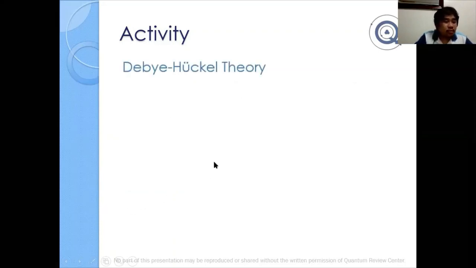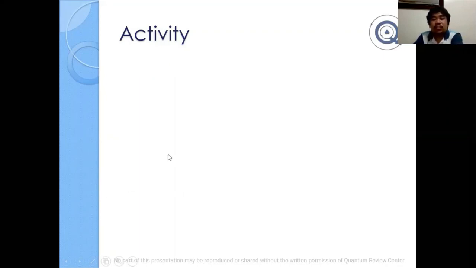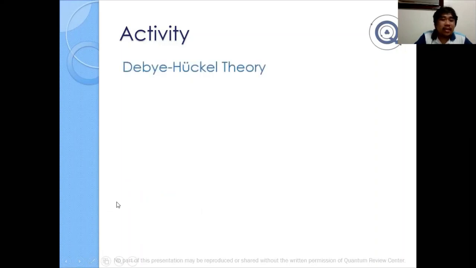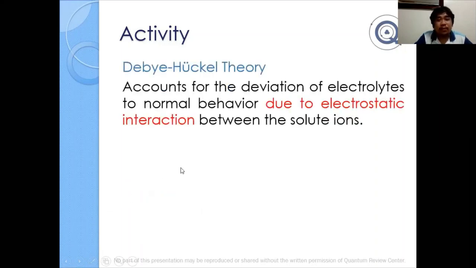Alright, so next, how will we get M? Of course, that should be given, yung concentration or yung molality. But here, in order to get the activity, you need gamma. So how will you get gamma? Okay, so gamma can be obtained from the Debye-Hückel theory. The Debye-Hückel theory accounts for the deviation of electrolytes from normal behavior.